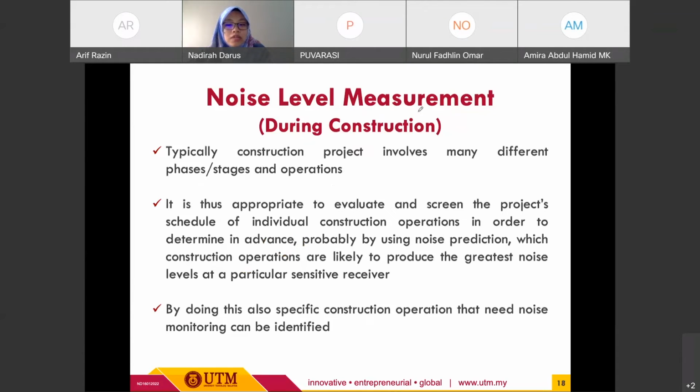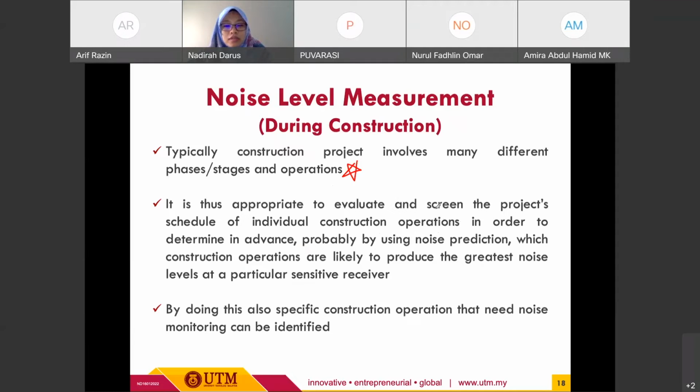Okay, so typically construction project ni involve many stages of operation. So it is appropriate to evaluate and screen the project schedule of individual construction operation in order to determine in advance dia punya noise prediction.